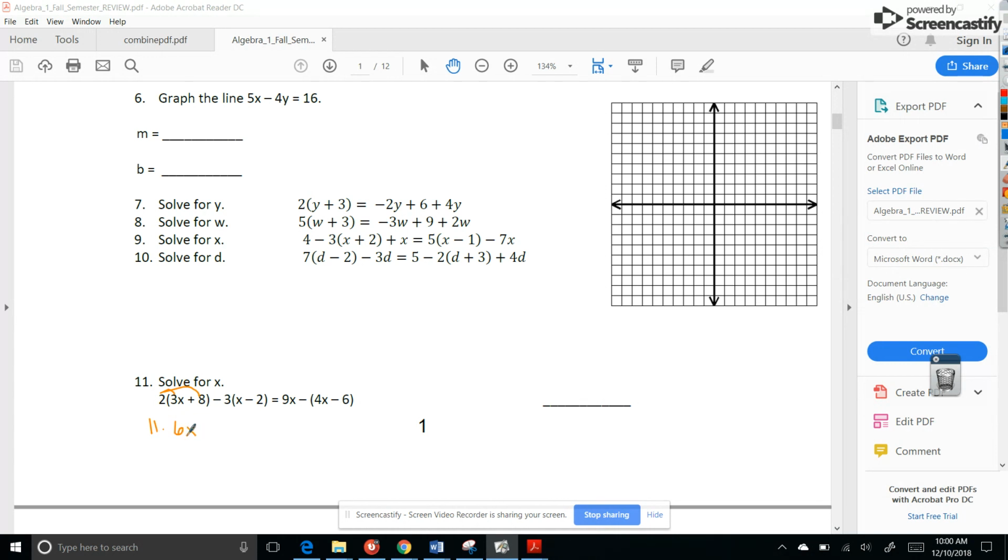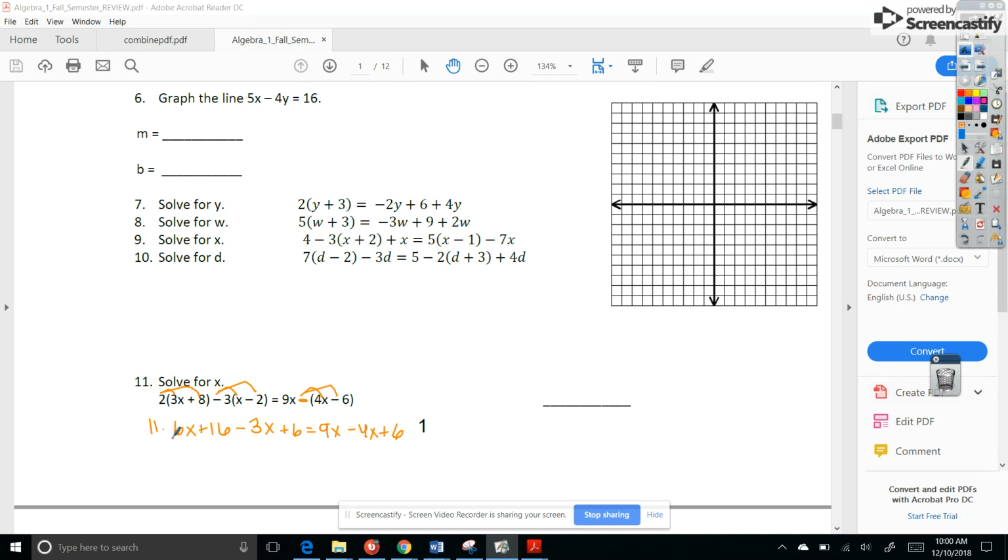So I have 6x plus 16, distributing my negative 3, negative 3x plus 6 is equal to 9x, distributing my negative 4x plus 6. So when I distribute that negative, I'm just changing the signs that are on the inside of that parentheses. So I'm changing the 4x to a negative 4x, and then changing my negative 6 to a positive 6. So this is really the opposite. The opposite of 4x is negative 4x, and the opposite of negative 6 is positive 6.